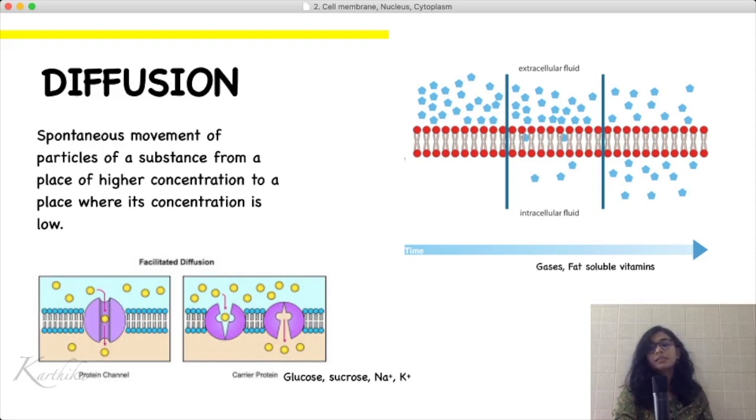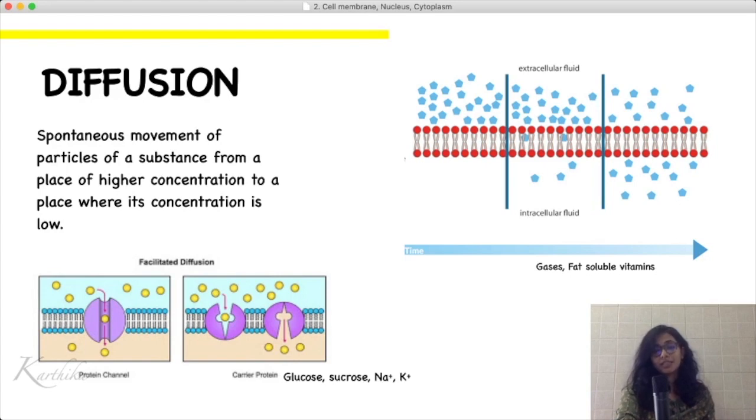And this happens until an equilibrium is reached. That means there is an equal number of gas molecules outside and inside the cell. So that's how substances move spontaneously through diffusion into the cell through the cell membrane, right? The opposite also happens.